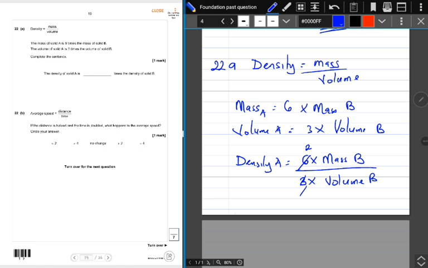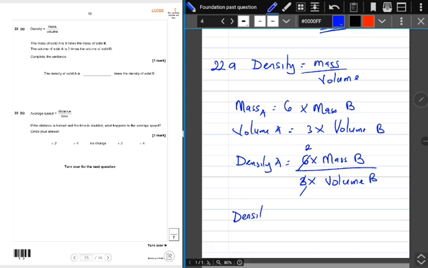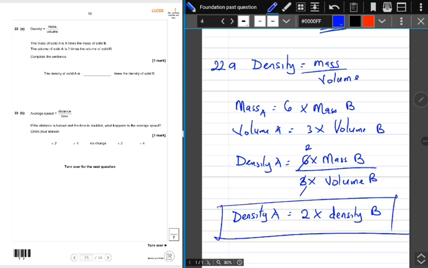So I will say density A equals 2 times density B. So this is our answer for that.